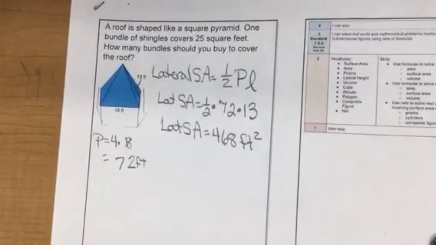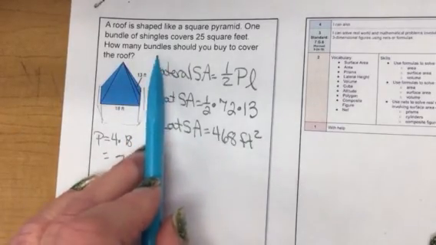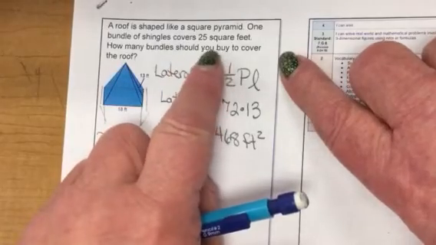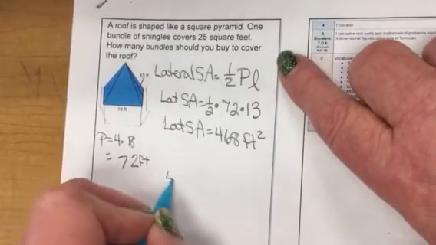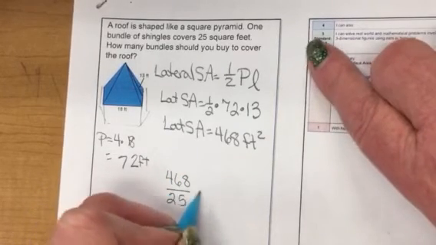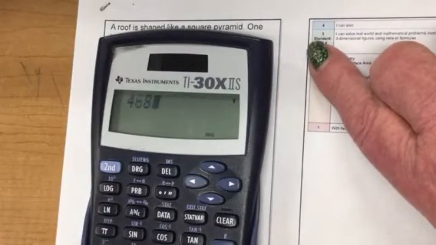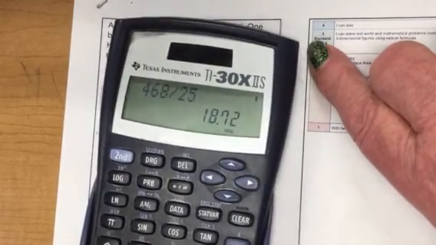But was that the question? No. How many bundles of shingles do I need? Well, each bundle covers 25 square feet. So I have to take 468 divided by 25. So 468 divided by 25, 18 7/72.